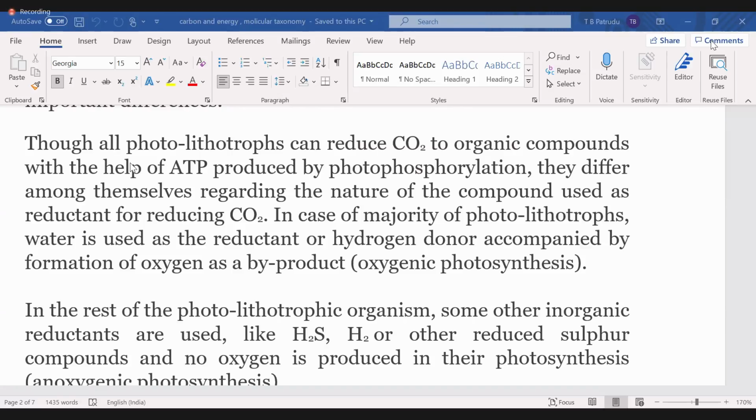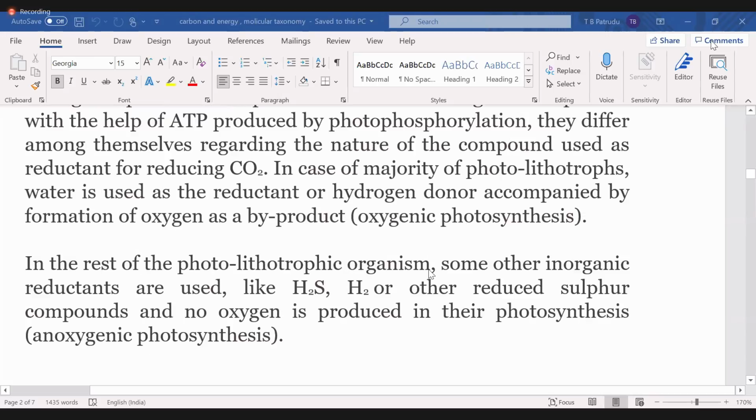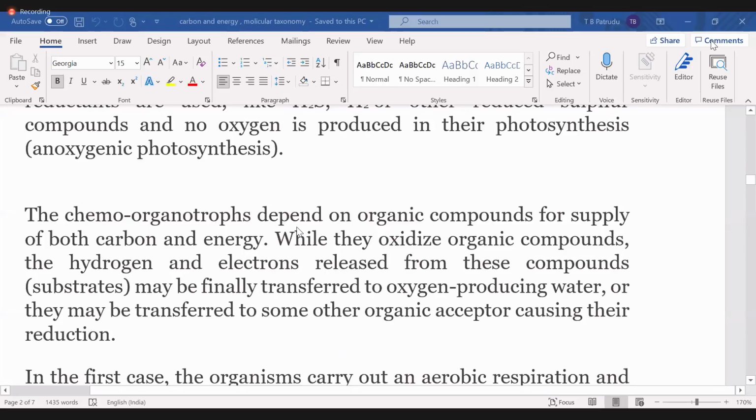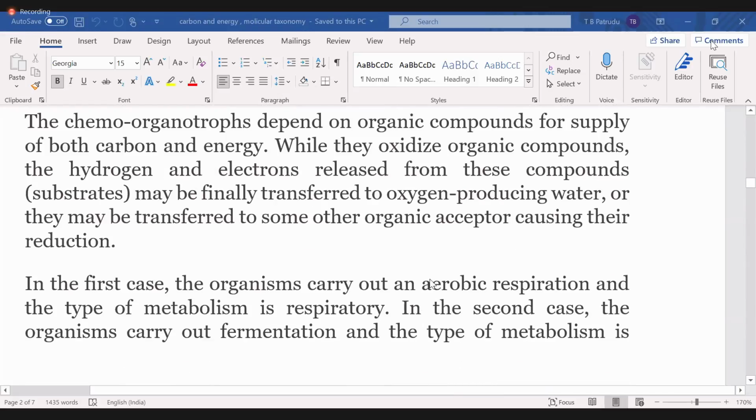You understand the major difference. But in the phosphorylation, photosynthesis begins the main energy source, the conversion of carbon energy source. In what way? The major, the chemoorganotropes.